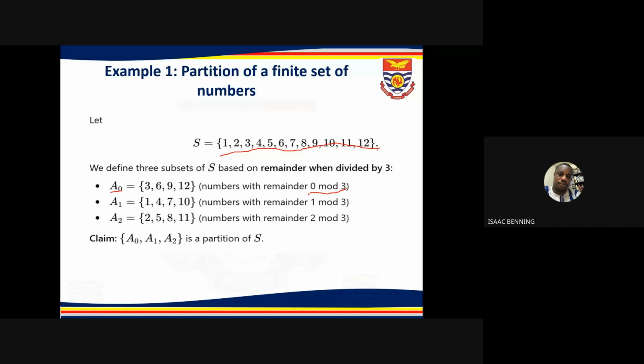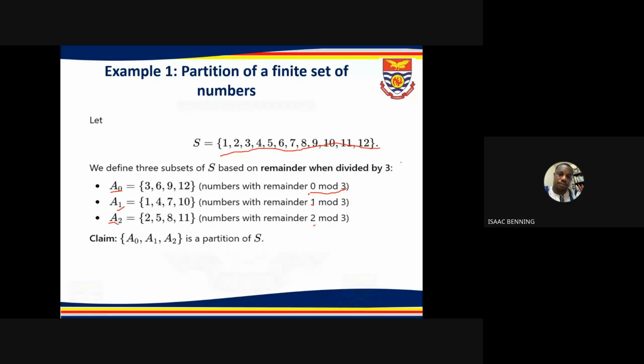Now when you take this one, 1, 4, 7, 10, this will give us a remainder 1, right? When we divide each of the elements by 3. Then we also consider the set 2, 5, 8, 11. The remainder will be 2 when we divide by 3.